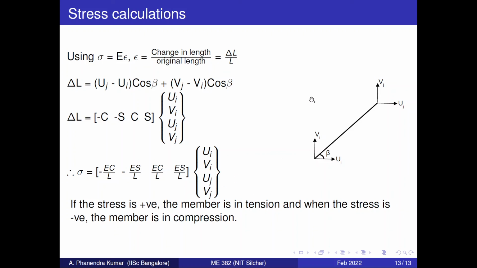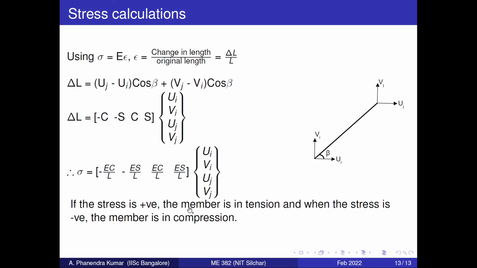Once we get the structure with the loads, we can find the displacements in each of the degrees of freedom directions. So once we get the degrees of freedom, we can multiply this part to this, but this C might change for different elements. Please take care of it when the length might change. So that is how the stresses in an individual element can be obtained.